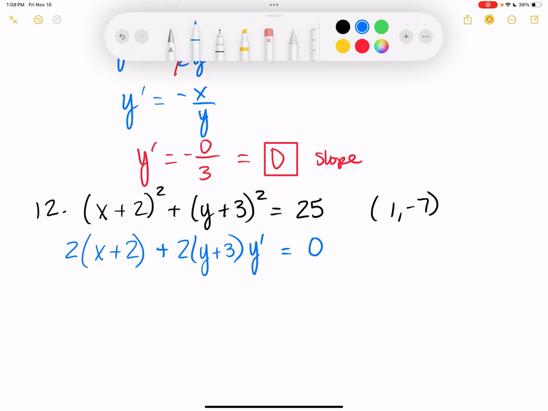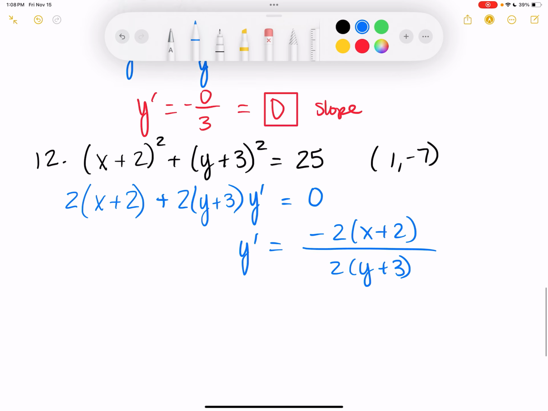Equals 0. Move stuff over and divide. So y prime equals negative 2 times (x plus 2) over 2 times (y plus 3). The twos cancel. So then plug in your point.